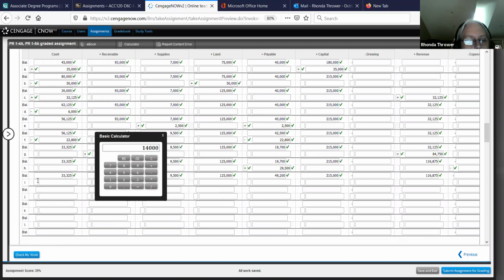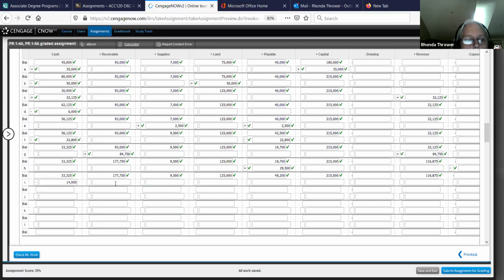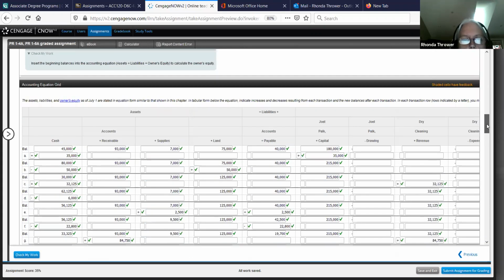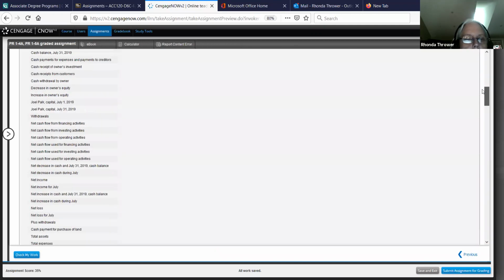So in transaction I, I'm going to have a decrease of $14,000. And I have to record each one of those expenses separately.